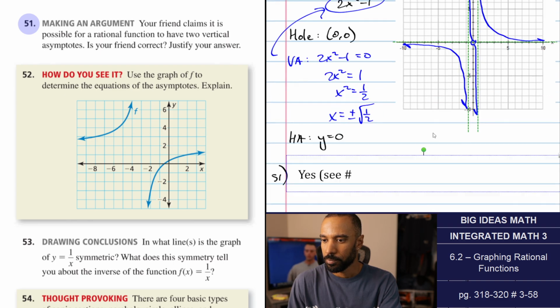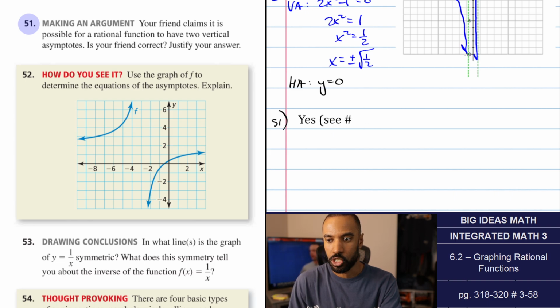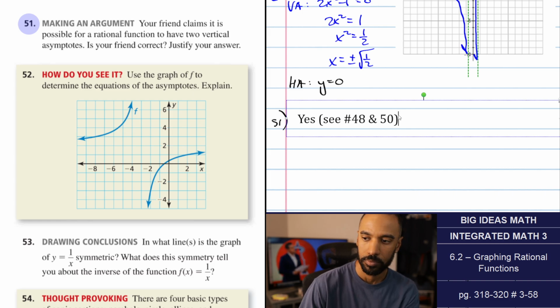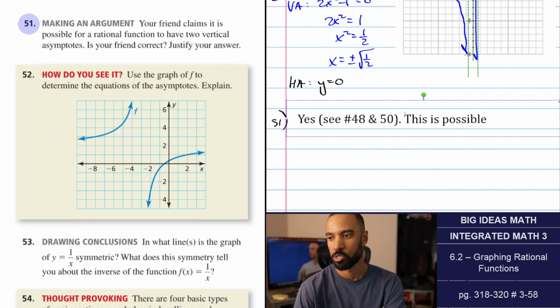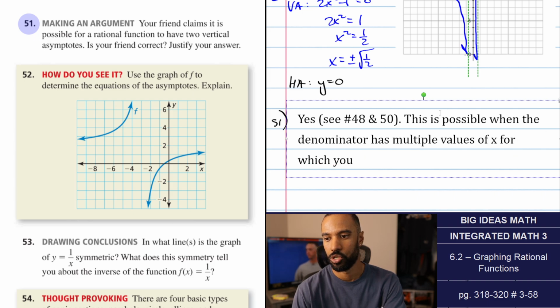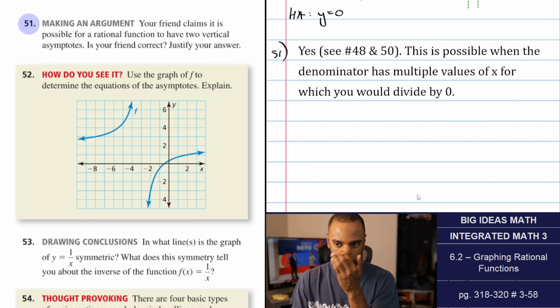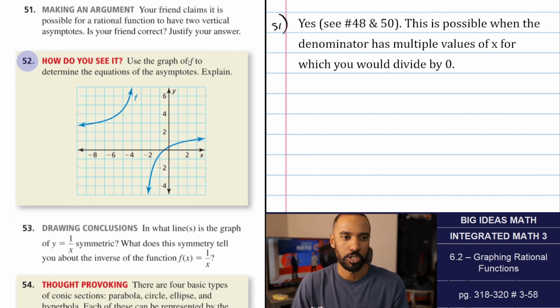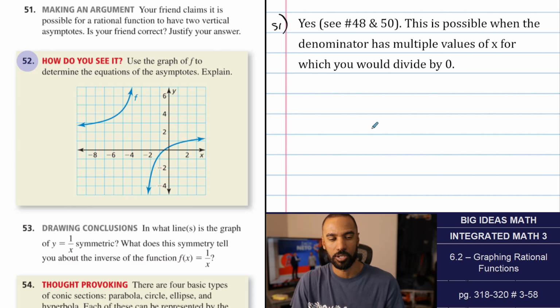There's the justification, but me explaining how: this is possible when the denominator has multiple values of x for which you would divide by 0. We saw instances of that previously, especially when you have a quadratic, a higher degree. When you have x squared or x cubed, you have a better chance of doing that. Not always, but you have a better chance of it.